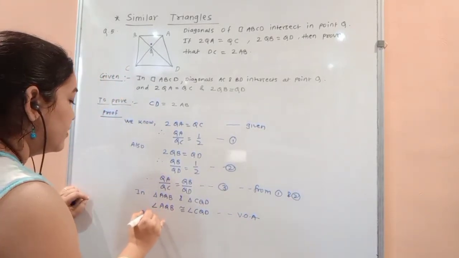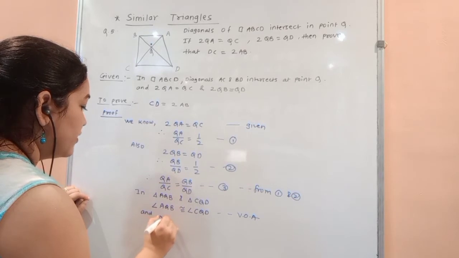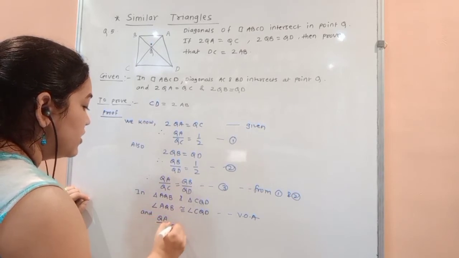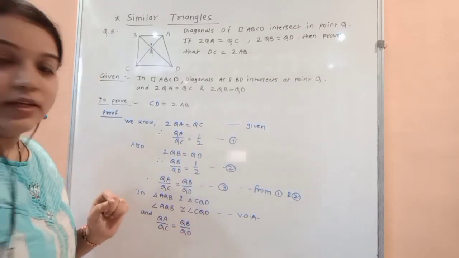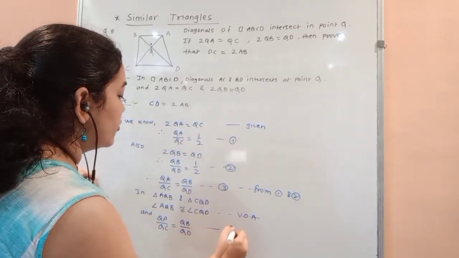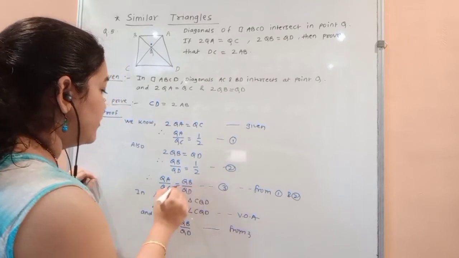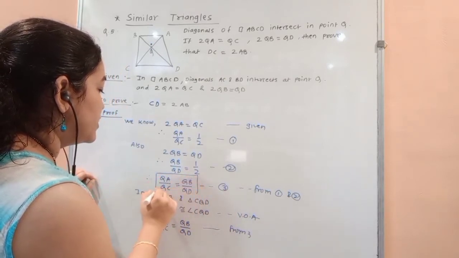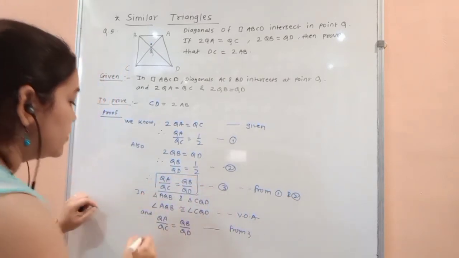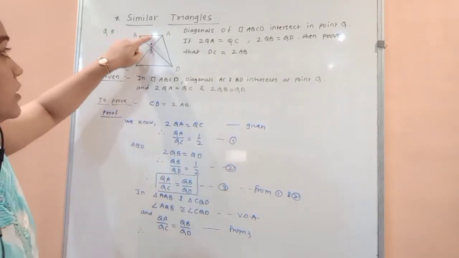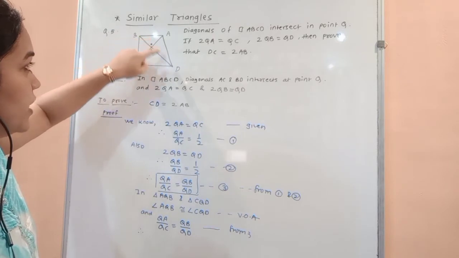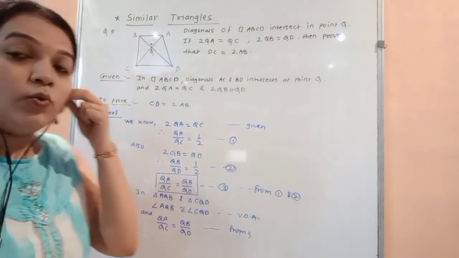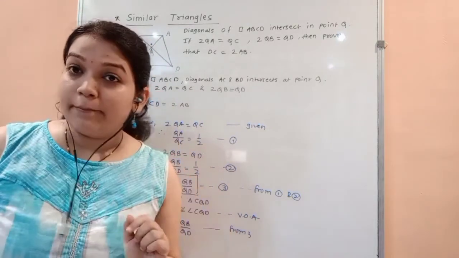And QA upon QC is equal to QB upon QD, yes or no? From 3, here we have already proved this thing, yes or no? So therefore these sides, QA, QC, QB, QD, and this angle is included by the sides which are in the same proportion.